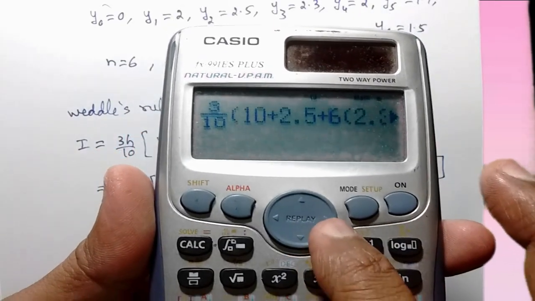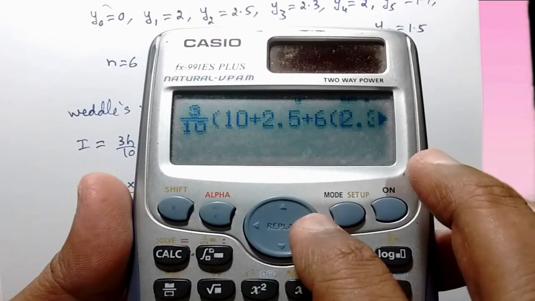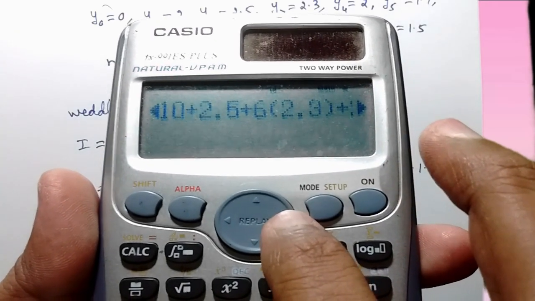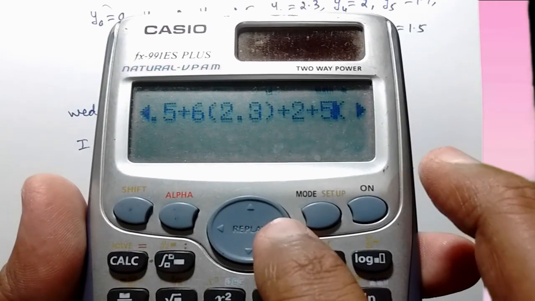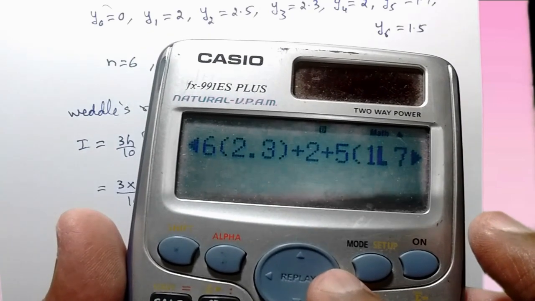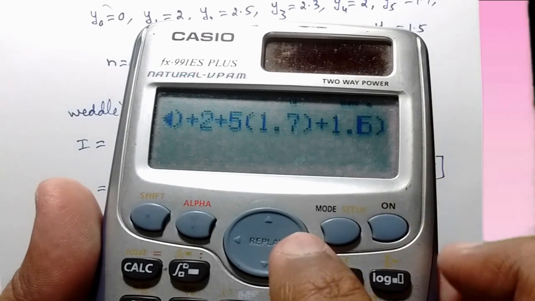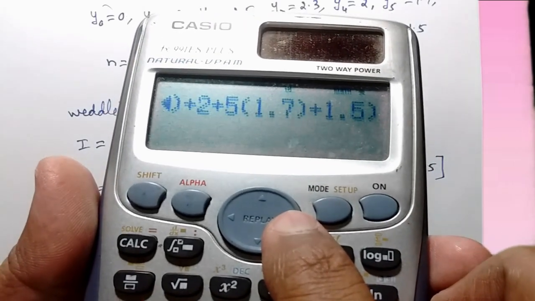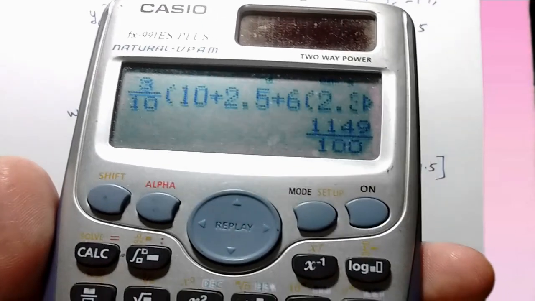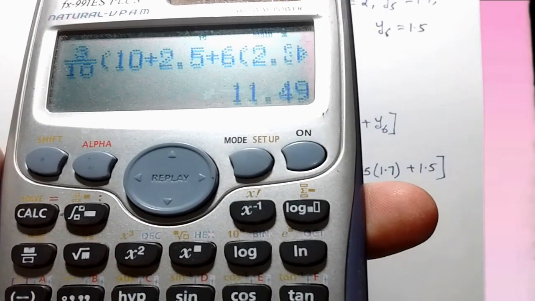It is 3 by 10 times of, I just multiplied the first value there, 5 times of 2, 10, plus it is 2.5 plus 6 times of 2.3 plus it is 2 plus 5 times of 1.7 you have. Next value 1.5. So if you just try to see what is the solution you are getting in terms of the decimal, you are getting 11.49.